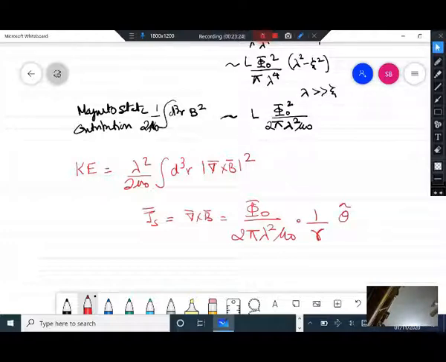So now J square, because we are going to consider the magnitude, we will not consider the vectorial form.